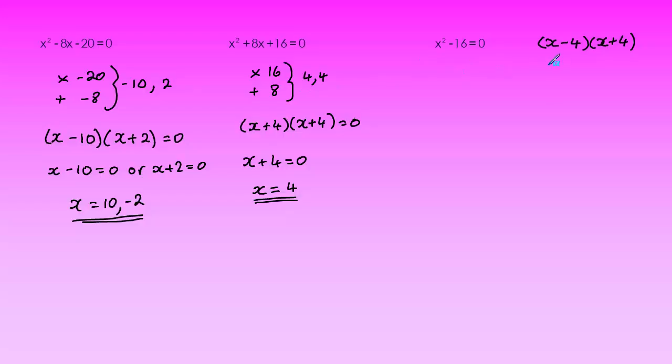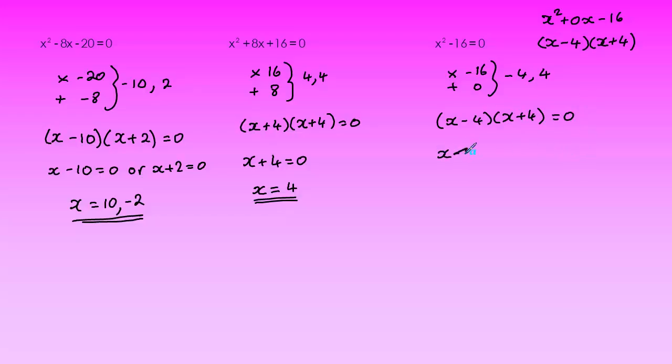Just think about this as being x squared plus 0 x's, take away 16. We want numbers that multiply to give us negative 16 and add to give us 0. So negative 4 and positive 4 would do that, and then you have the x minus 4 and x plus 4 is equal to 0.